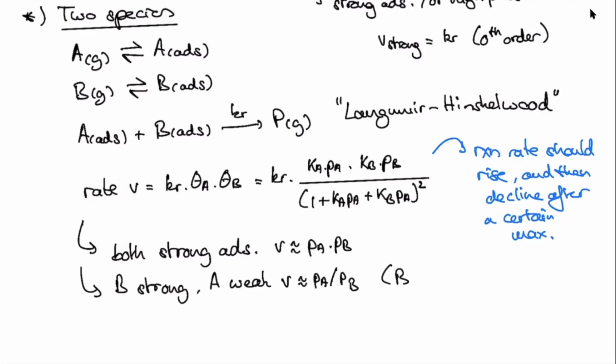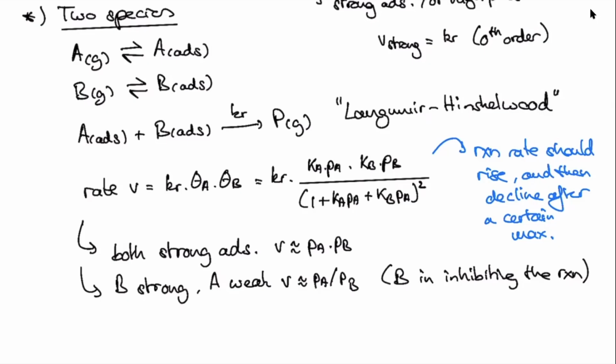So B is actually inhibiting. So you can imagine, let's say B is a strong adsorber. So it will occupy all the sites, right? All the sites S will be full of B. There's no A on the surface. So if there's no A on the surface, you cannot have a reaction, right?